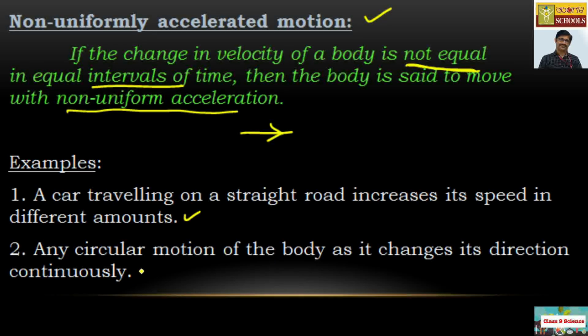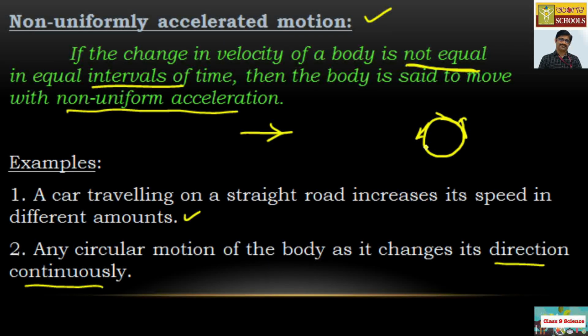Any circular motion of an object or a body is taken as non-uniformly accelerated motion because its direction is always changing. Its direction changes continuously. When the body is moving in a circular path, assume from this point the body is moving. At this point the direction is like this. Again at this point the direction is like this.